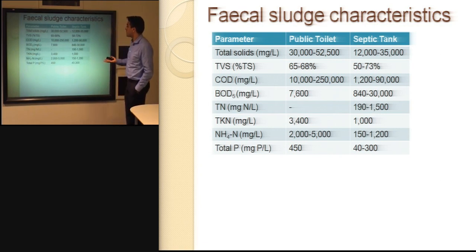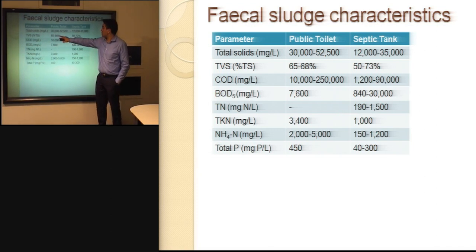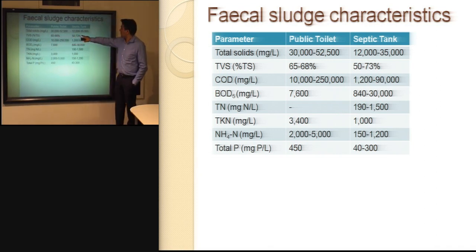Looking at other parameters, like the content of volatile solids, there is also quite a broad range, from 65 to 68%, or even 73%, and 50% for septic tank.